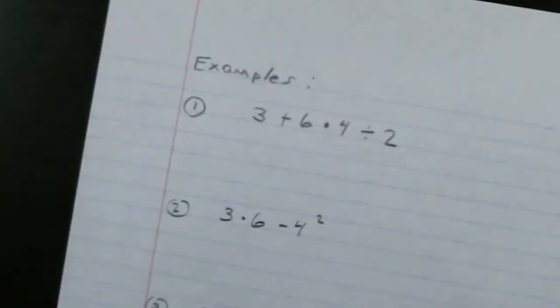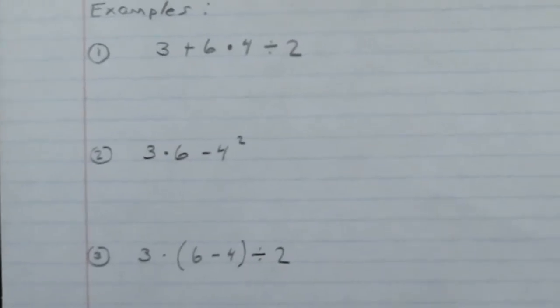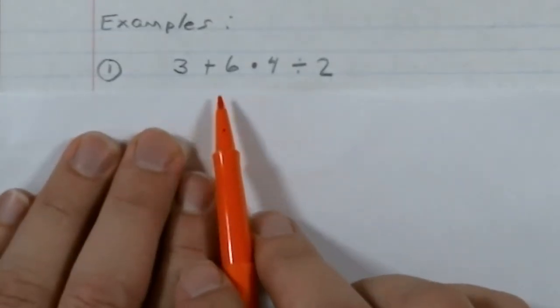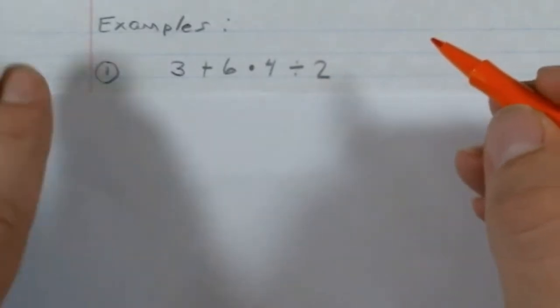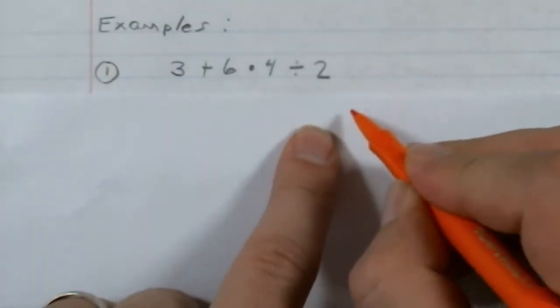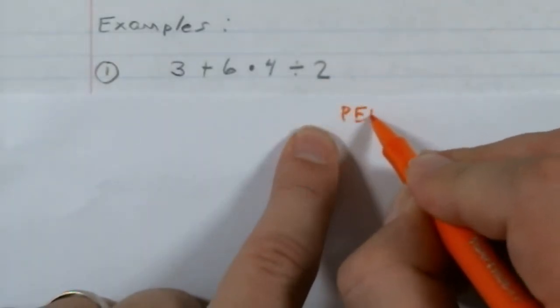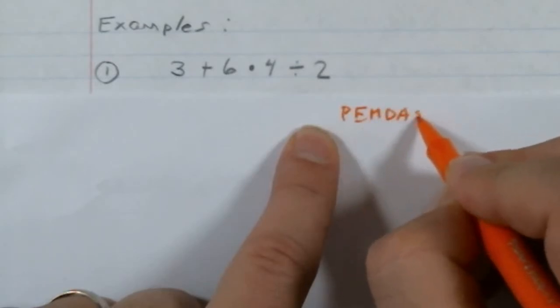Here we go. This first example is not too bad. Let me zoom up a little bit. What I would like you to do is always have PEMDAS in your head when you do this.